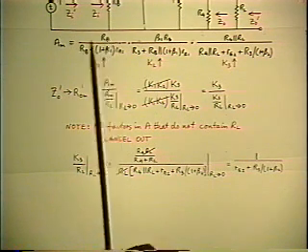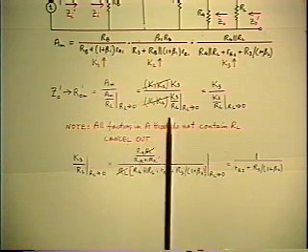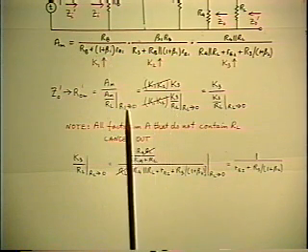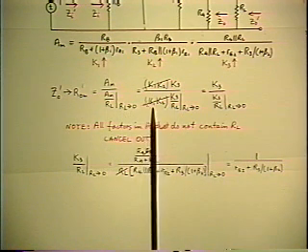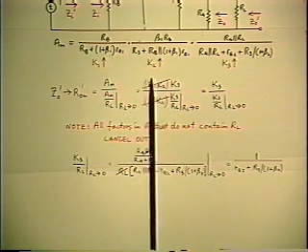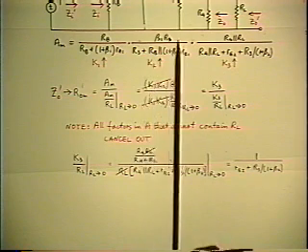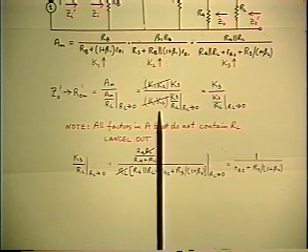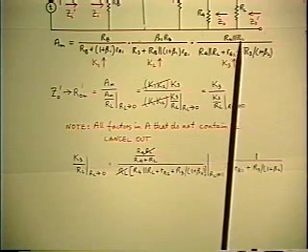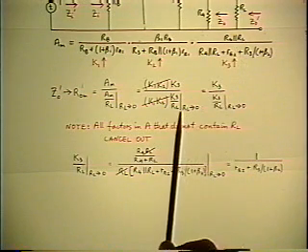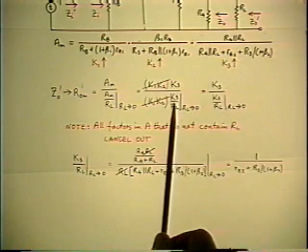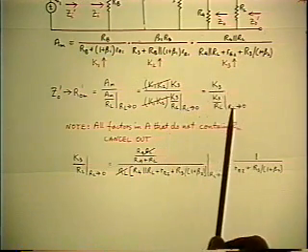So when you look at K1, it doesn't have RL in it. So in the denominator, when you let RL go to 0, it doesn't change K1. So it cancels the one that's in the numerator. And the same thing for K2. K3 is the only one that does have RL in it. So when you take the limit, it's going to change. So it doesn't cancel, but that's the only thing you have to keep.